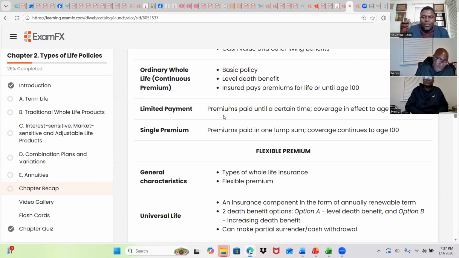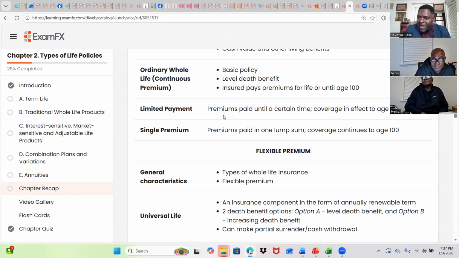Now, when we look at whole life, I was trying to look at it that it's only maturable at death, but for limited pay, they still peg it at 100 years, because they still give you some room. Maybe you will survive 100 years. Well, it matures at death, yes. If you have the whole life and you die at 69, it has matured.